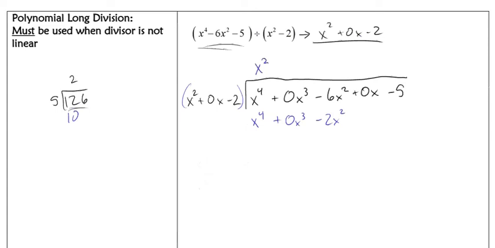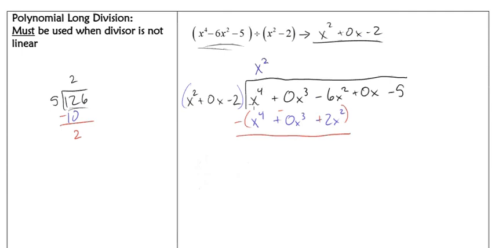Okay, back over to our example of the long division. From here we would subtract these numbers, right? So 12 minus 10 would give us 2. We're also going to subtract these numbers, but make sure you distribute this negative. Subtract all of them. So minus and negative is really plus. So subtract all three terms there.